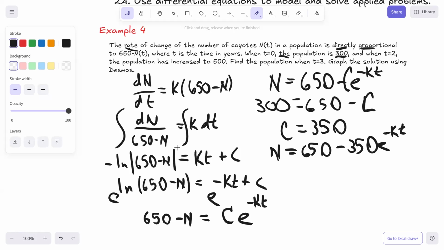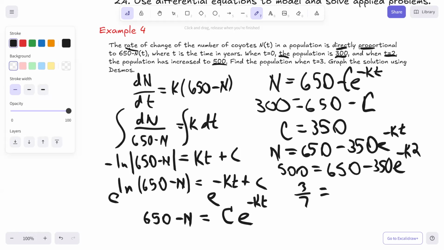Now we have to use the other information they've given us to find the value of k. The other piece of information is when t is 2, the population is 500. So 500 equals 650 minus 350 e to the negative k times 2. If we subtract 650 and then divide by negative 350, we would end up with 3/7 equals e to the negative 2k.